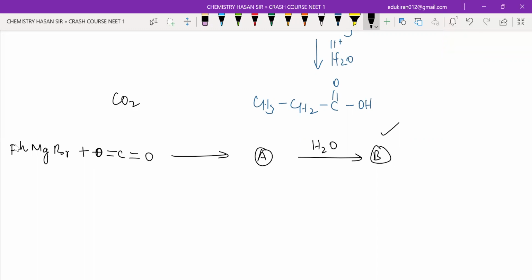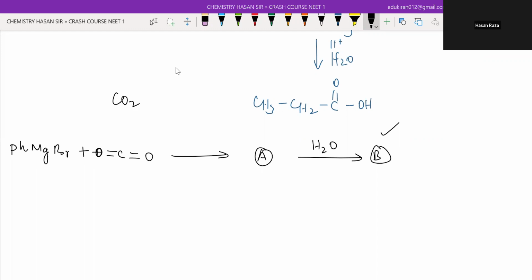What is Ph? Everyone knows that it is phenyl, right? Yes or no? Okay, I'm giving you 1 minute. 1 minute is more than enough for this question. What is the name of the compound?